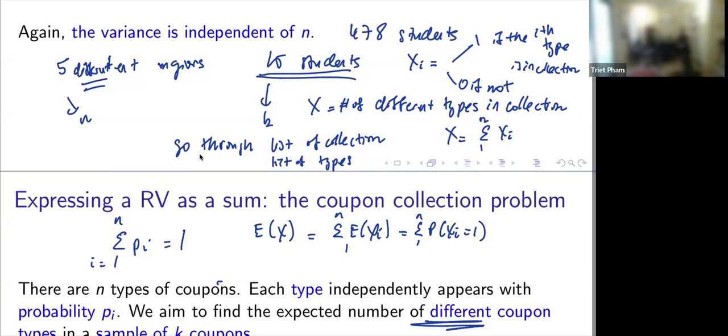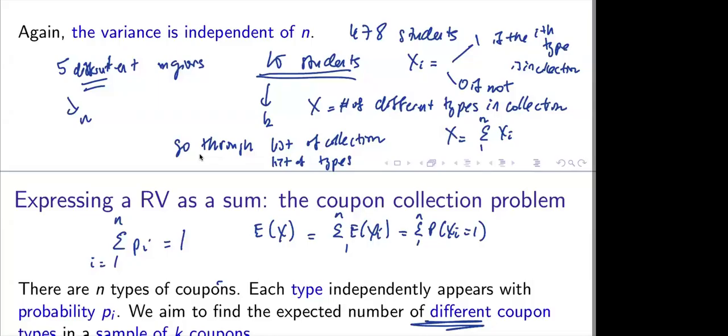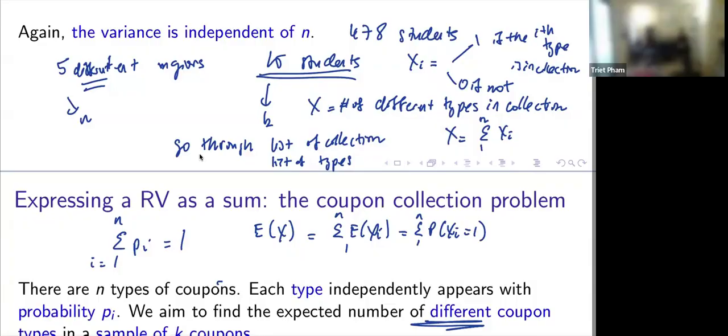Right, so what is the probability Xi equals 1 here? Pi? Or do you expect a more nuanced answer? Much more nuanced, because what is Xi? Xi is not the indicator function that something is the ith type.